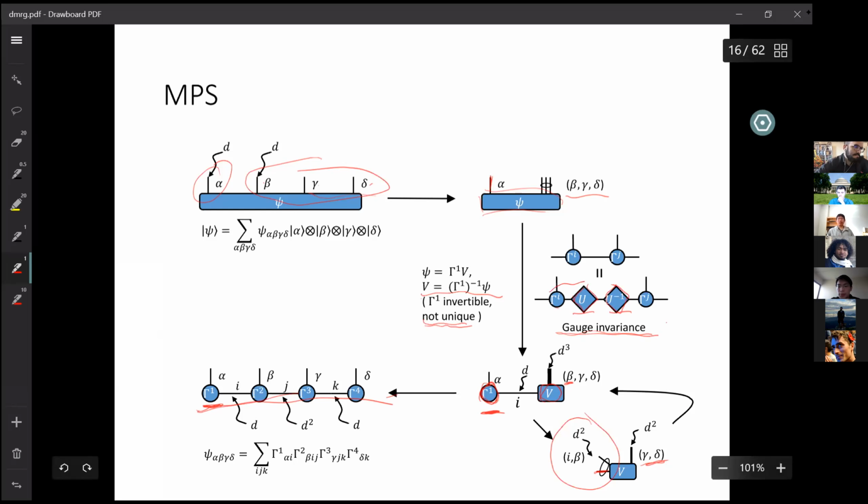Then we can absorb this part into the tensor on the left and absorb this part into the tensor on the right by contracting this bond and this bond. In this way, we get a different representation of a matrix product state, but the meaning of this matrix product state, the wave function, is still the same. This is why it's called the gauge invariance.